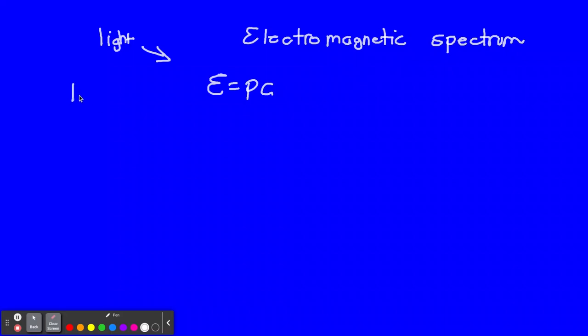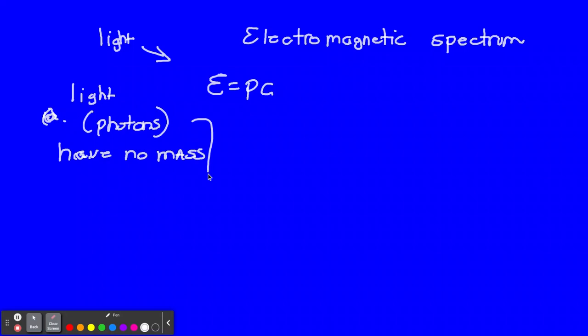So let's write that down. Light, and when we're talking about light, we mean photons. Photons have no mass. So let's write the full equation like we did before.